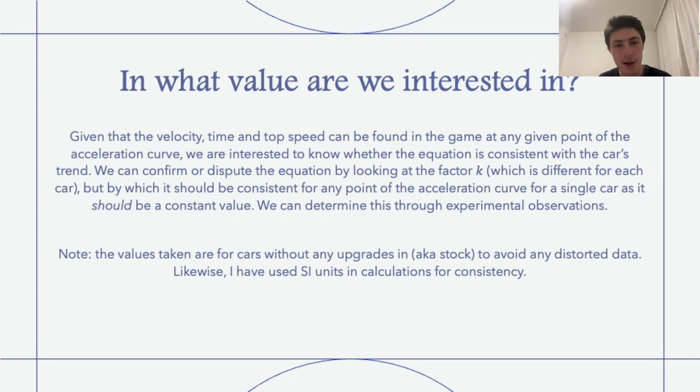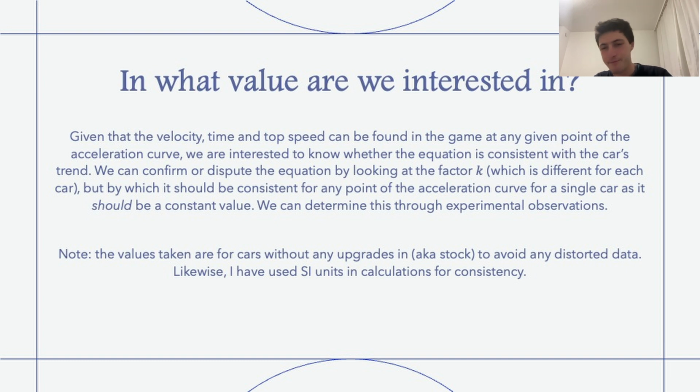So if we find a constant value that is consistent, so we prove that this k value is consistent for a given car, then you can just replace that value into your differential equation and find all the values that you need.